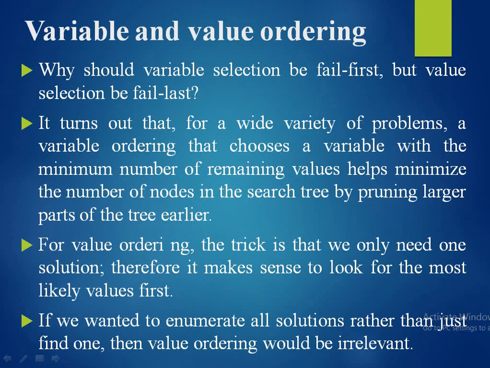For value ordering, the trick is that we only need one solution. Therefore, it makes sense to look for the most likely values first. If we wanted to enumerate all solutions rather than just find one, then value ordering would be irrelevant.